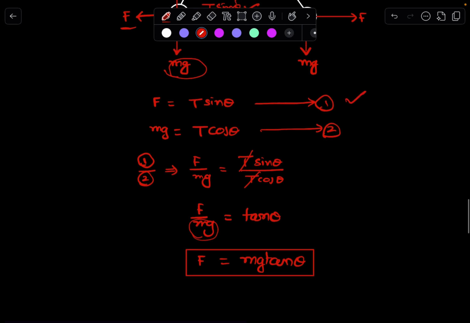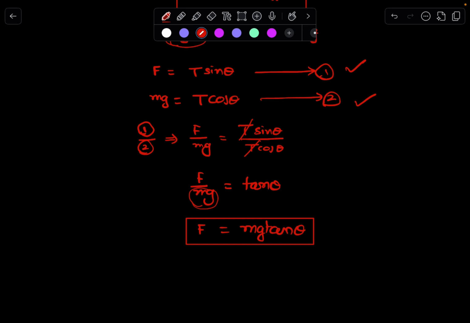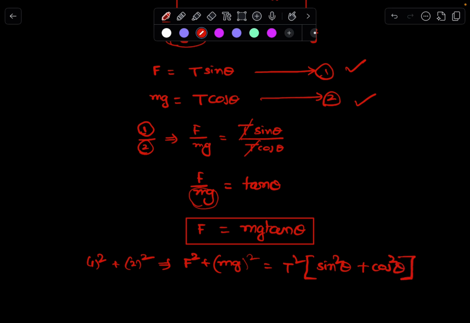Now look at equations 1 and 2. What I'm going to do here is square and add on both sides, that means 1 squared plus 2 squared. The left side we can write as F squared plus (mg) squared is equal to T squared into (sin squared theta plus cos squared theta).